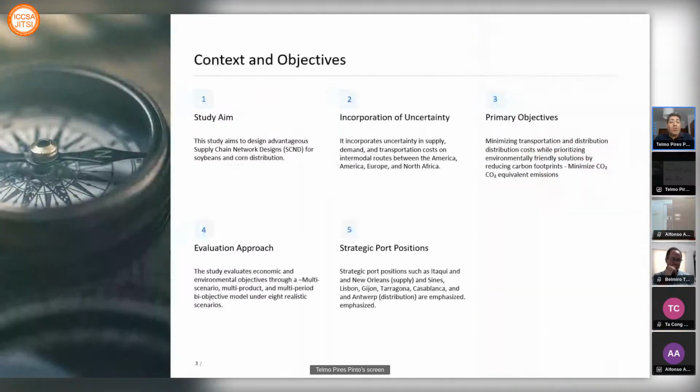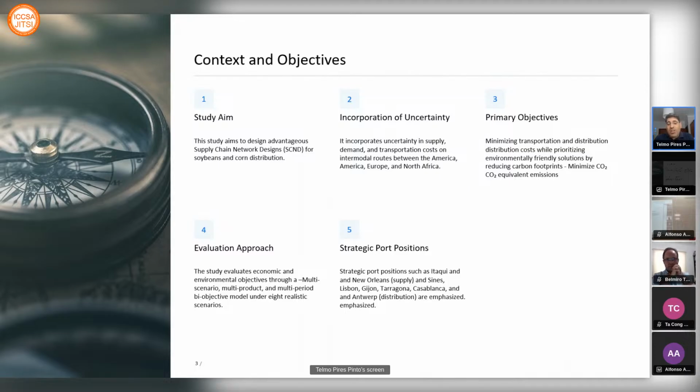Our study aims to design a supply chain network for the distribution of soybean and corn. It incorporates some sources of uncertainty, factors such as supply, demand, and transportation costs across intermodal routes connecting South America, North America, Europe, and North Africa.